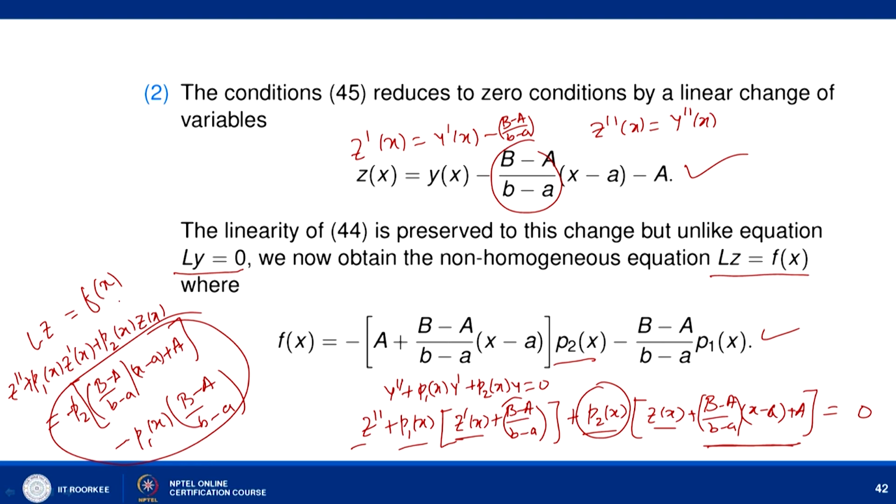So, here what we have done is that we have considered the homogeneous equation with non-homogeneous boundary condition. When we do this change, then we have a non-homogeneous equation with homogeneous boundary condition. That is what we have seen here. So, now we should know how to solve this non-homogeneous equation with homogeneous boundary condition.